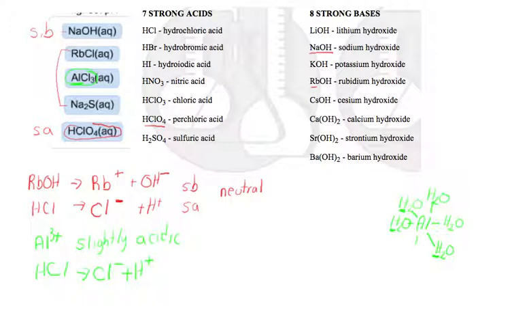And finally, we're going to look at the sodium sulfide. So Na+ can be derived from a strong base. So this is a strong base, and the sulfide is going to come from a weak acid.